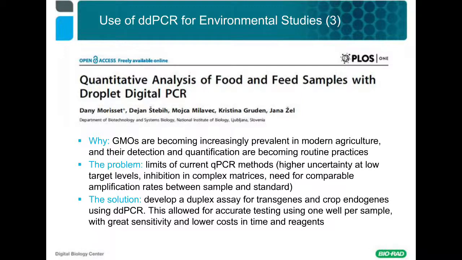The problem is that the current qPCR methods have high uncertainty levels, and they can also be inhibited in some complex matrices. So they developed a duplex assay for both transgene and crop endogenes using digital PCR. The results are summarized in these tables.